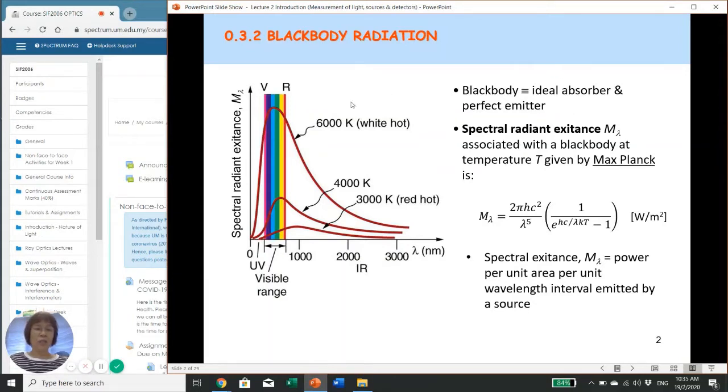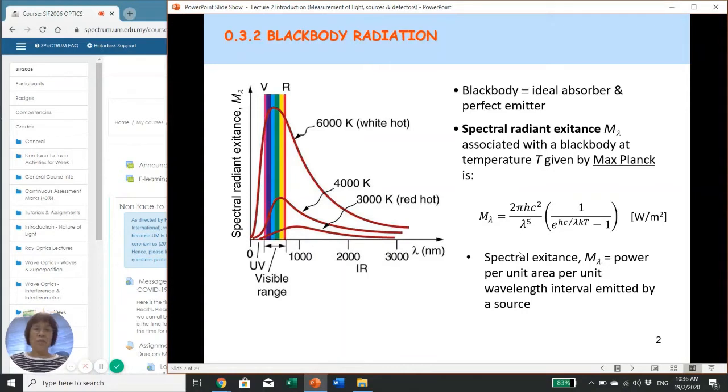And associated with the excitance or emission from this black body, which is at a particular temperature T, it has been described by Max Planck by this expression here that depends on the temperature as well as the wavelength.